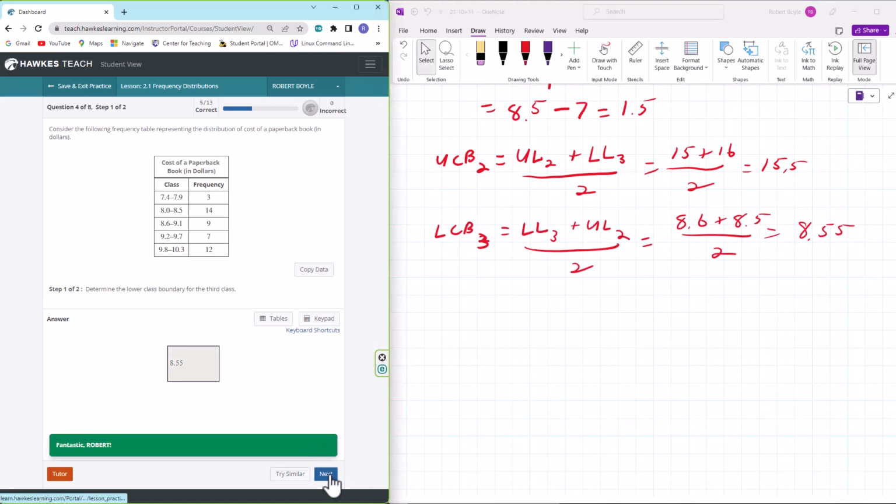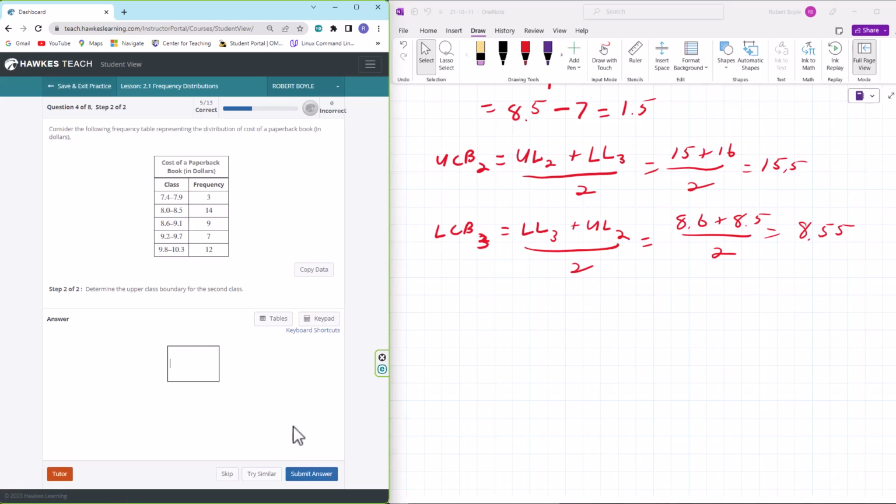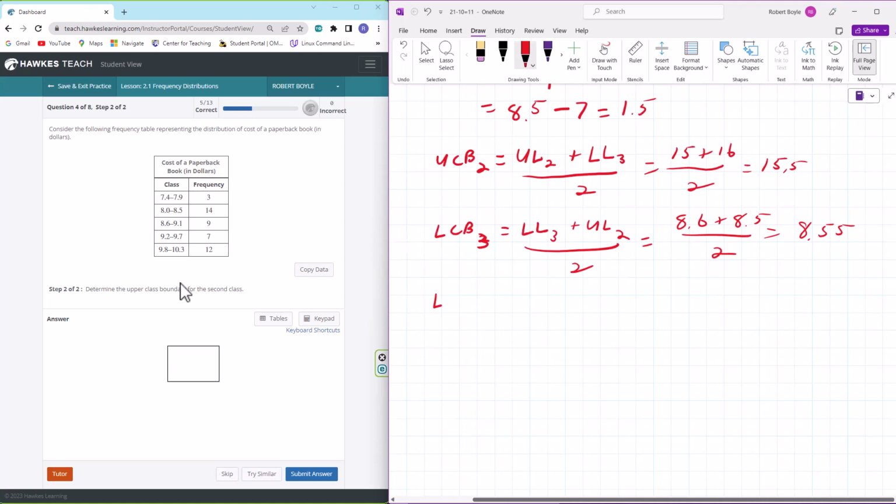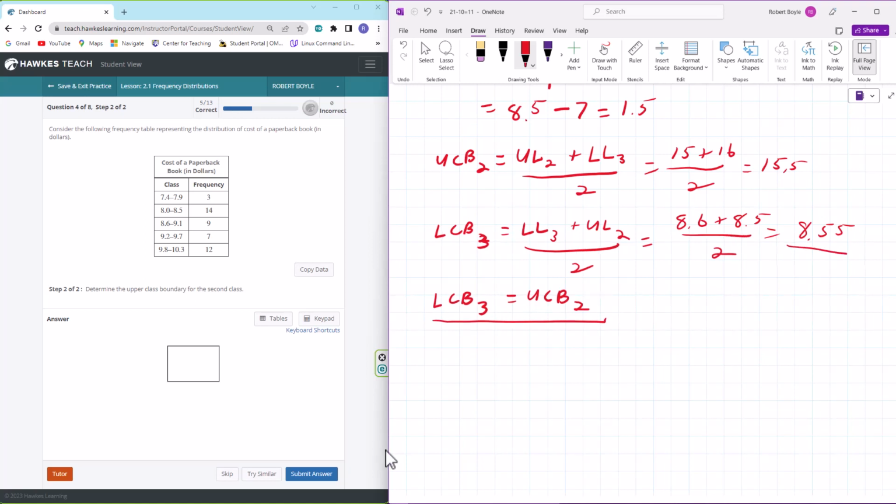Okay, and then next we want to find the upper class boundary for the second class. Now, this one's kind of a gift because remember, the lower class boundary for the third class is equal to the upper class boundary of the next lower class, which happens to be the second class. So they both happen to be the same, 8.55. So that's almost kind of a gift.